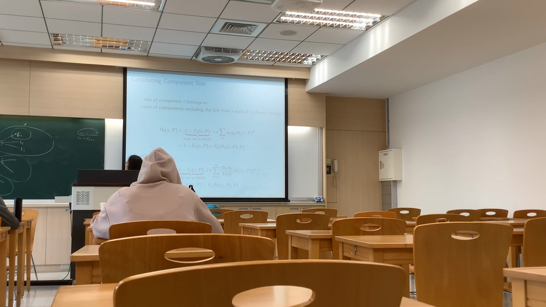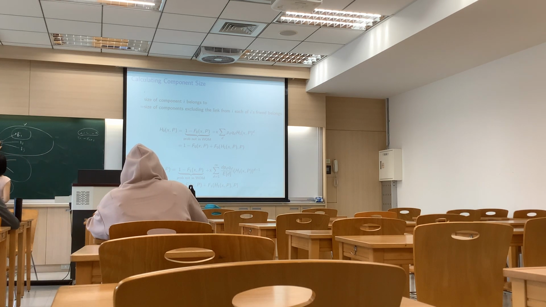So the size of the remaining component that J belongs to is the sum of the sizes of the remaining components that J's remaining friends belong to. But each of these random variables is the same as S delta, because you find K1 by randomly following the link.